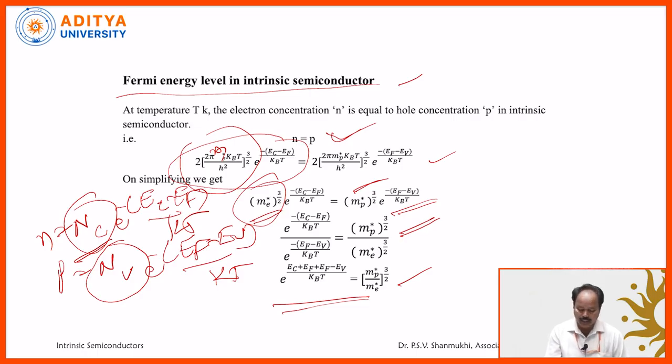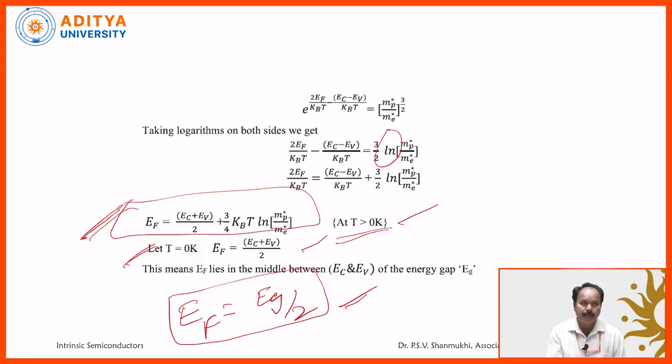Just substituting expressions for n and p, and on simplification we are getting Ef is equal to (Ec plus Ev) by 2 plus 3 by 4 kT log (mp star by me star), and taking T is equal to 0 degree Kelvin, it is (Ec plus Ev) by 2 or Eg by 2, the Fermi energy level.